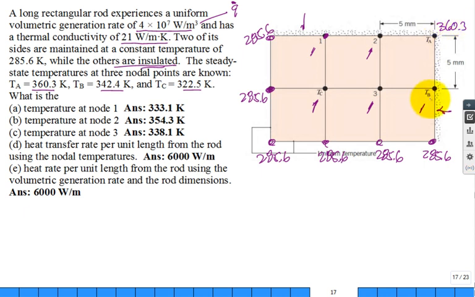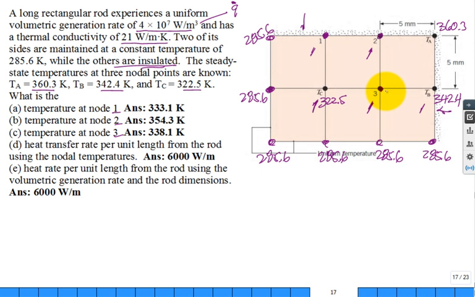Temperature at B, put in 342.4 Kelvin. Temperature at C, 322.5 Kelvin. Now knowing all of those temperatures, all you have to do is solve for 3 unknowns. Get the temperature at nodes 1, 2, and 3. That's it. I just want to solve for temperature at node 1, node 2, and node 3.